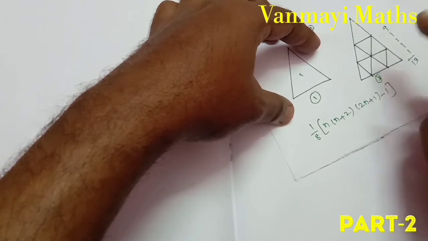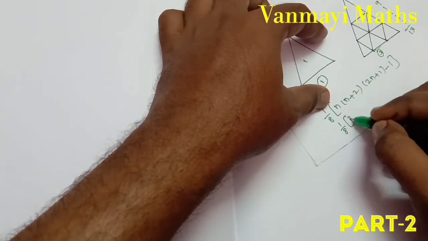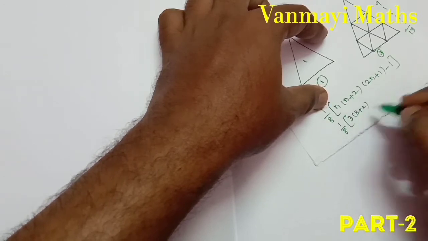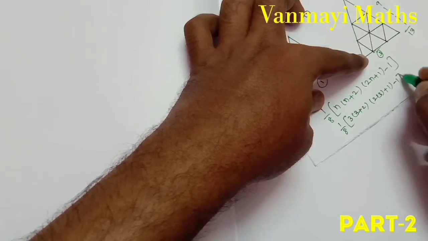So 3 steps are there, n is odd, that's why we are using 1 by 8 into 3 plus 2 into 2 into 3 plus 1 minus 1.